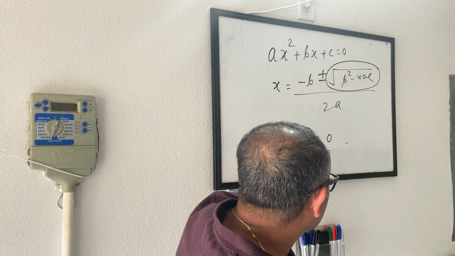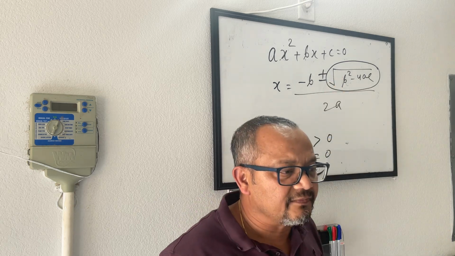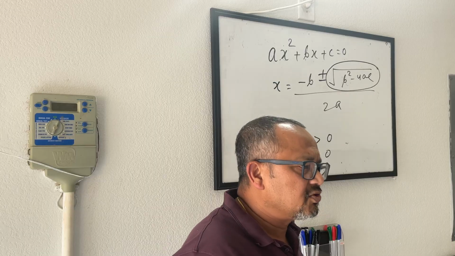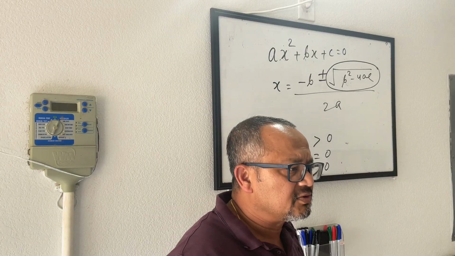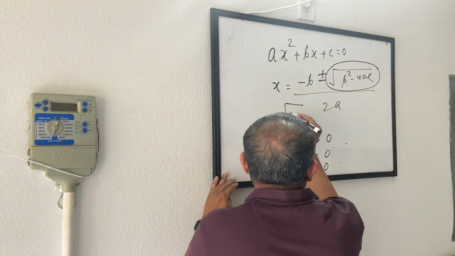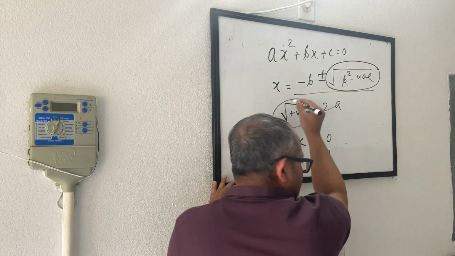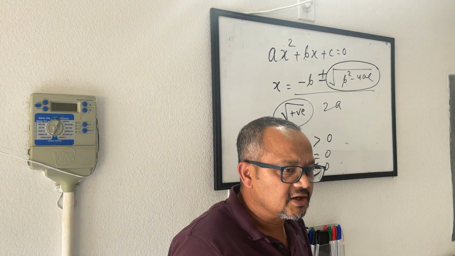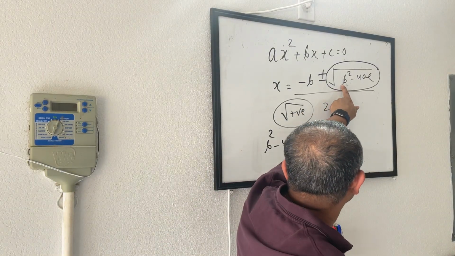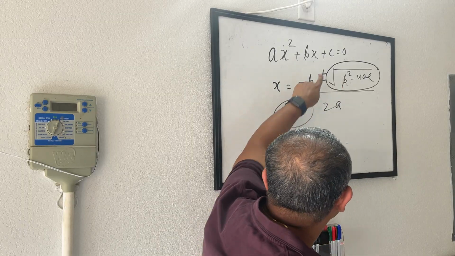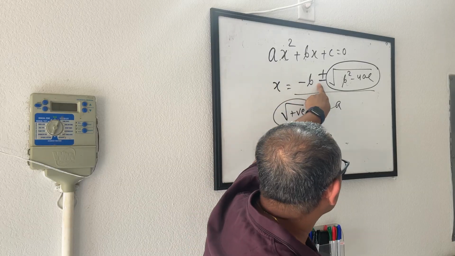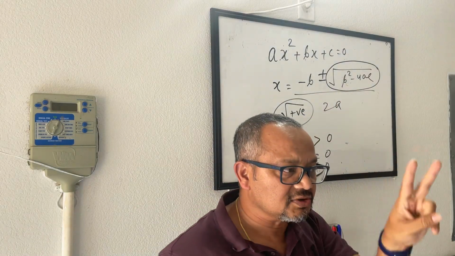When it is greater than 0, the square root of any positive value will give you some value, be it 1, be it 2, be it 20, be it 1.75, 1.29, 22.75, whatever. Let's not worry about how much, but there will be some value. So you're talking about one solution with plus of some value, then another solution with minus of some value.